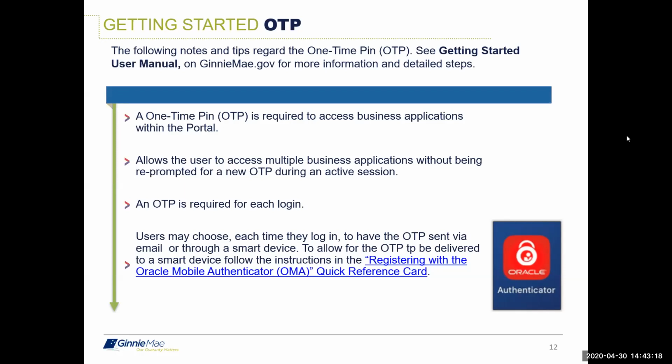You want to grab the one that is red, not green, red. So there's a picture of the icon here on the screen. Make sure that this is the icon that you are searching for when you register with the Oracle Mobile Authenticator and download the application to your smart device.